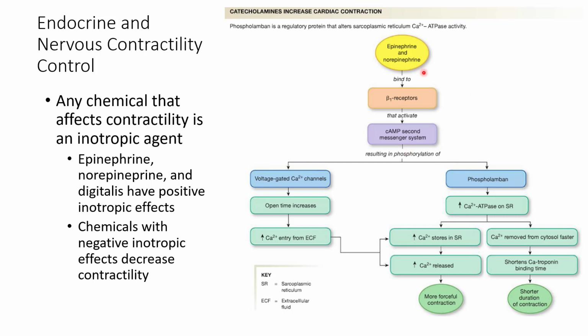At the same time, epinephrine and norepinephrine also cause a regulatory protein called phospholamban to start being produced. Phospholamban plays an important role in the sarcoplasmic reticulum.